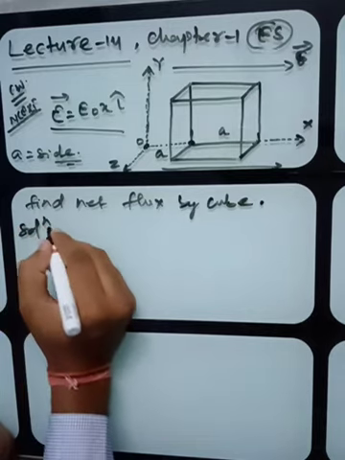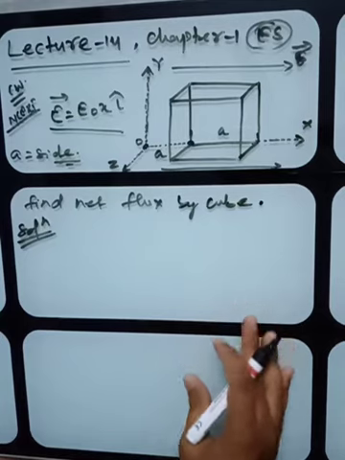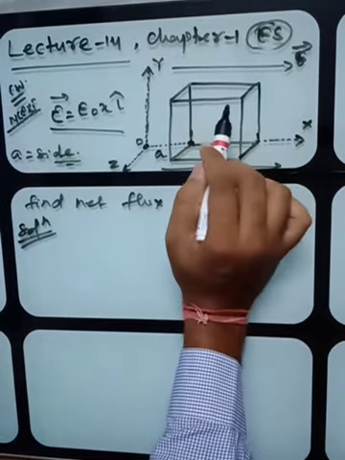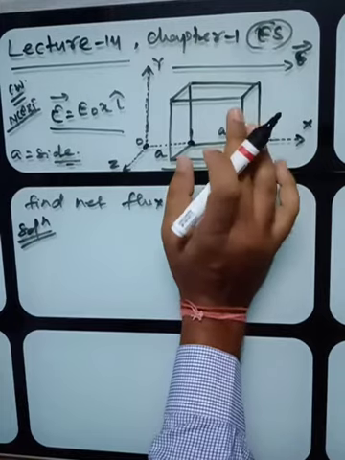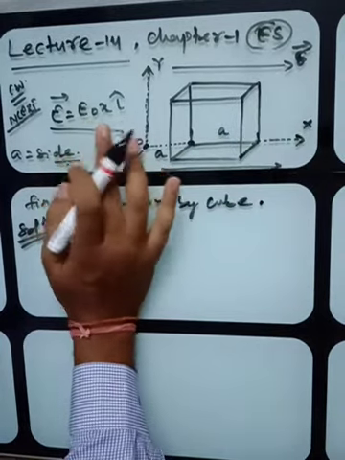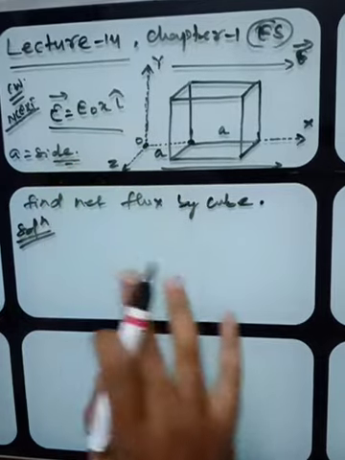Answer. Here again, students, you have to find the electric flux for all the faces. For faces whose surface area is perpendicular to the electric field, what may be the electric field? It is varying, but it is along the x-axis, so this will give you flux 0.